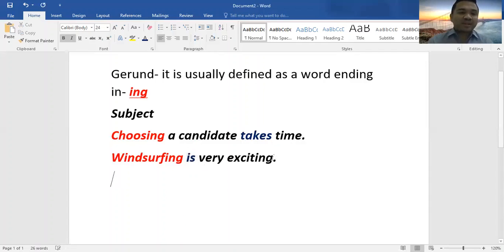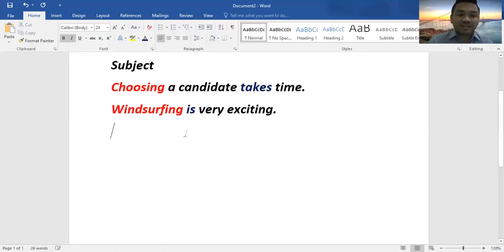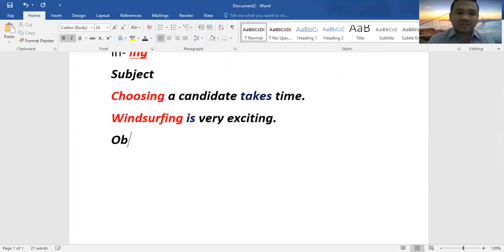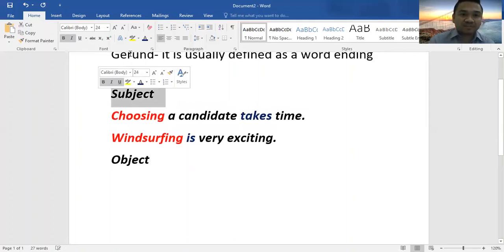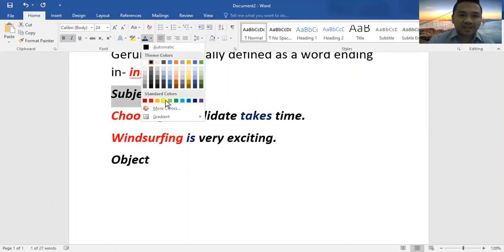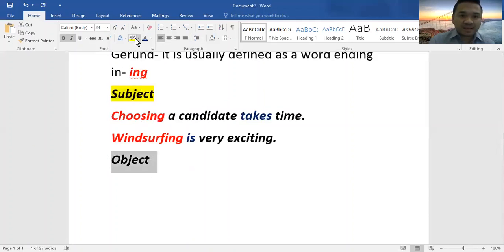Now, this time we're going to talk about gerund as the object. Okay? So we're finished with subject, and this time we're going to have gerund as an object. Okay. So object of a sentence.